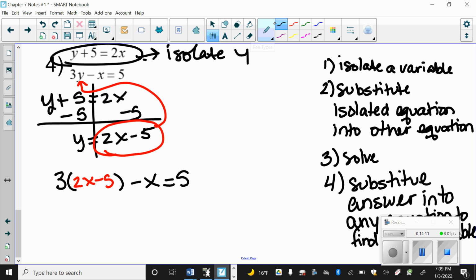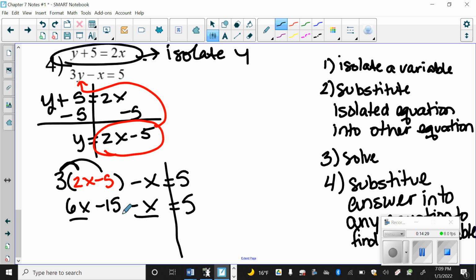And now we solve. So I'm going to distribute in that 3. That gives us 6x minus 15 minus x equals 5. Now I have like terms on the same side of my equal sign, the 6x and the negative x, so I can combine those like terms to give me 5x minus 15 equals 5.